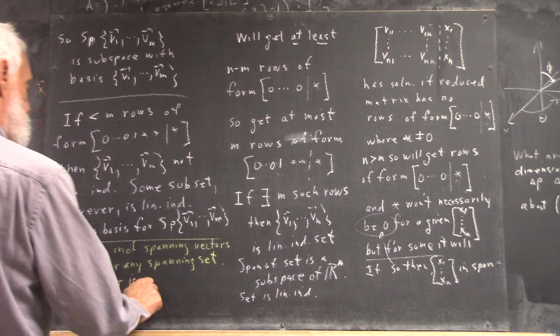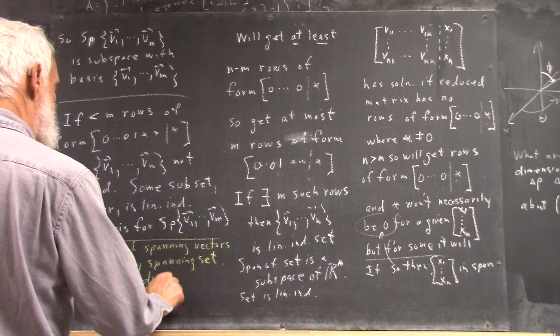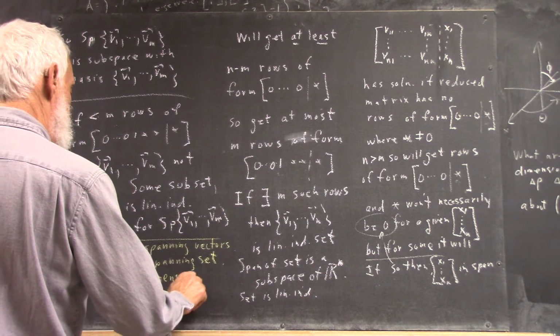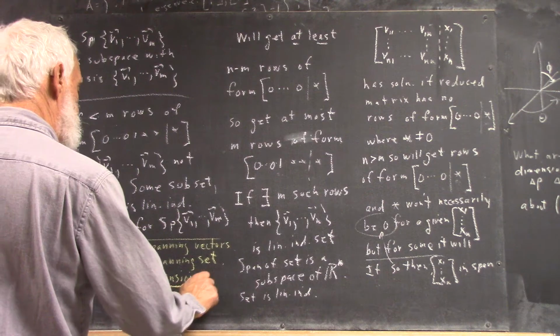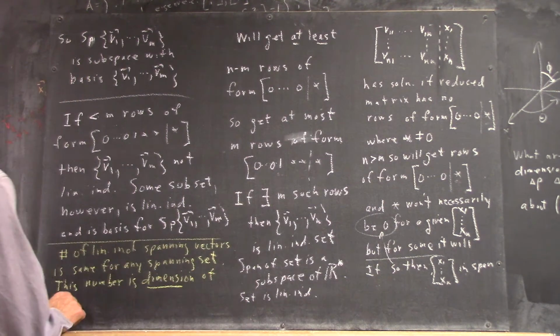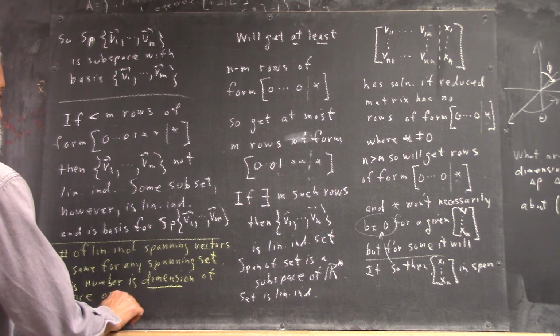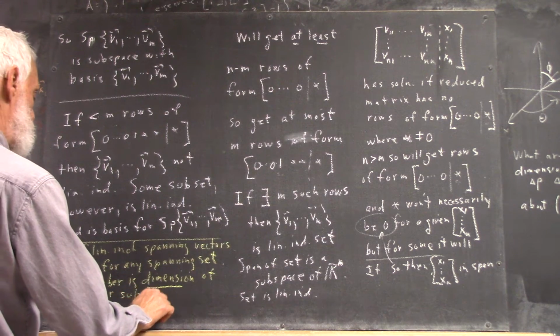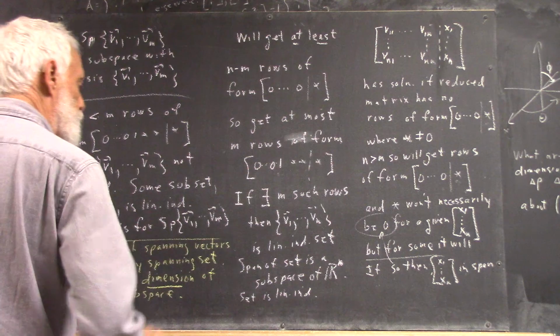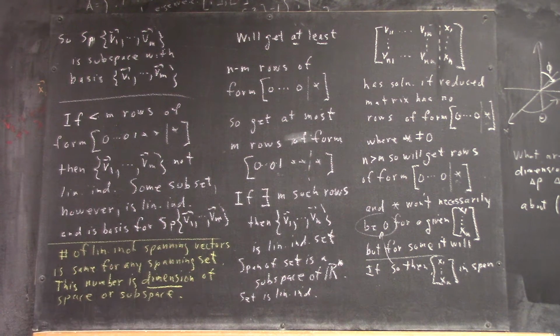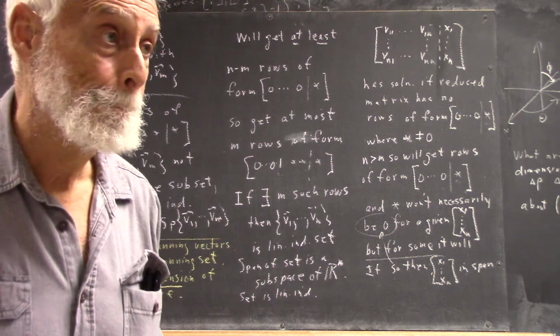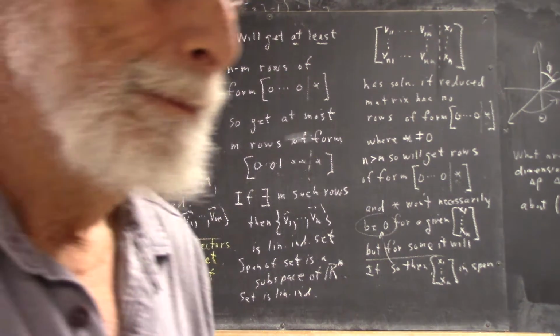This number is what we call the dimension of the space or subspace. Halfway make sense?